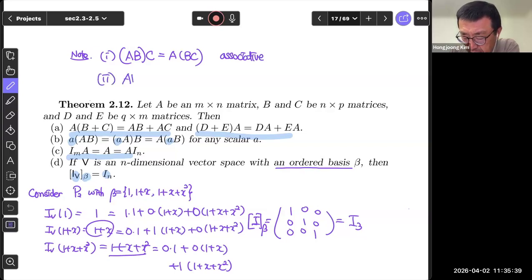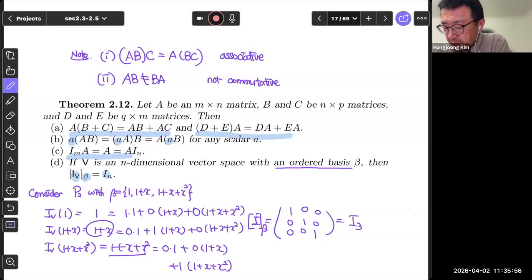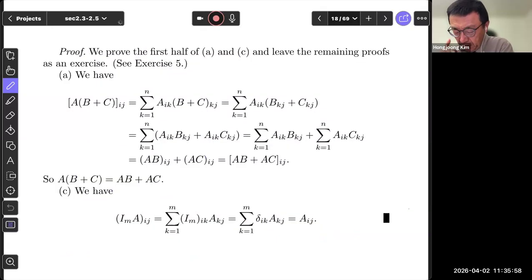But matrix multiplication is not commutative. And you can check this proof.